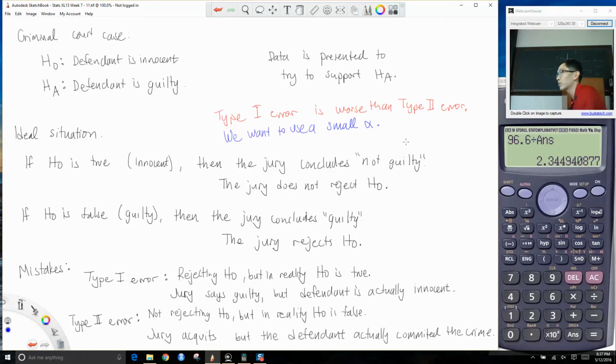They don't want juries to convict people based on a gut feeling or a hunch or something. They say beyond a reasonable doubt. And so that's how it goes. But again, we don't want to make either type of mistake.